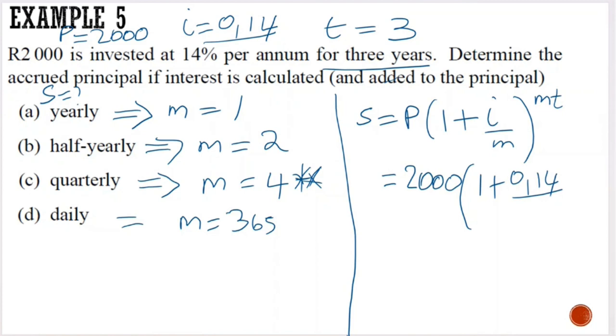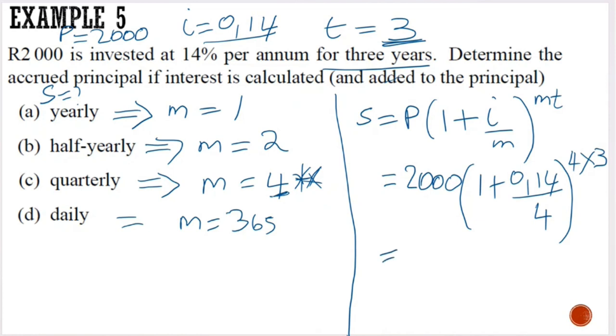It needs to be converted by dividing by the number of compounding periods, which is 4. Here you're going to have 4 multiplied by your T, which is 3.